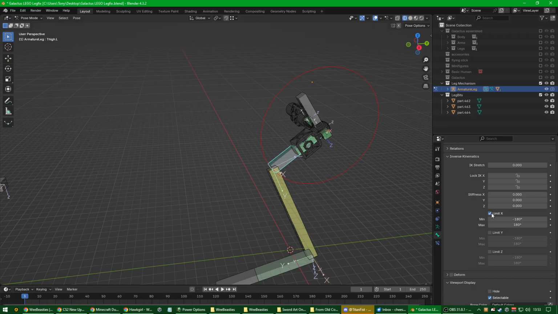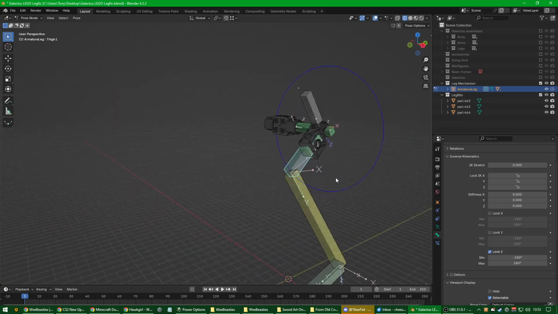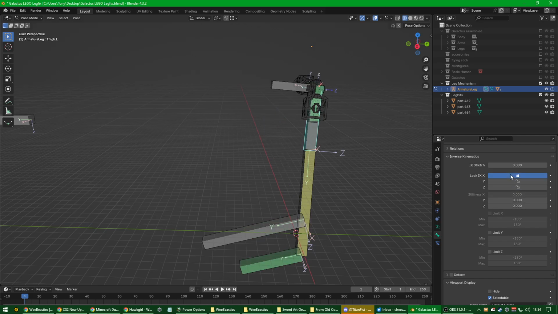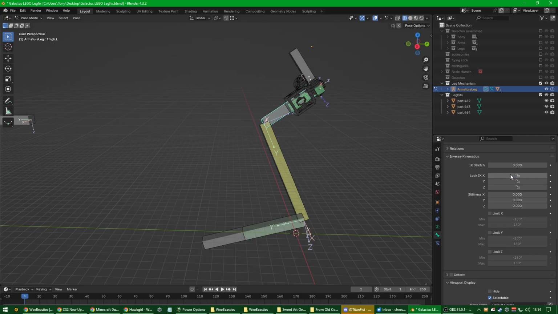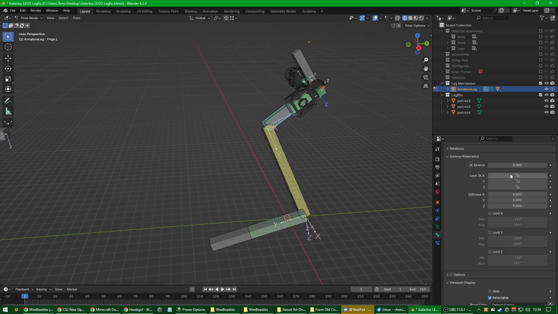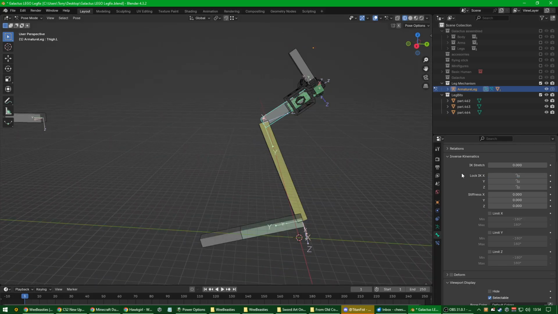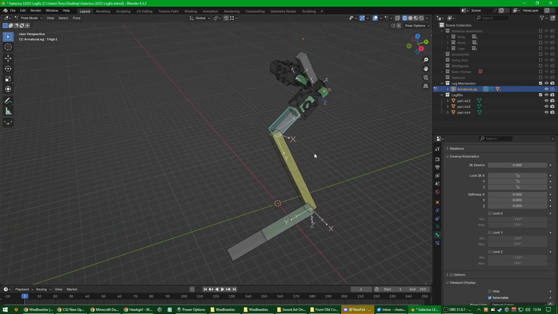You can limit it from rotating in certain axes, and you can set the stiffness and lock certain axes. See, so now this thigh bone can't rotate like that. It can only rotate out to the side. But that messes with your overall control.